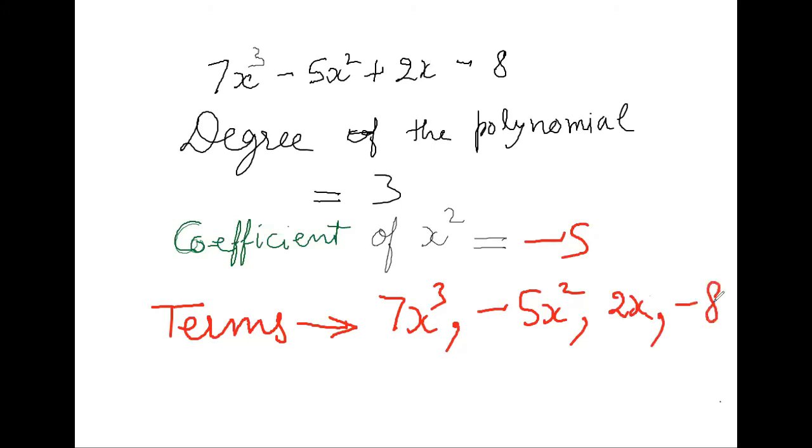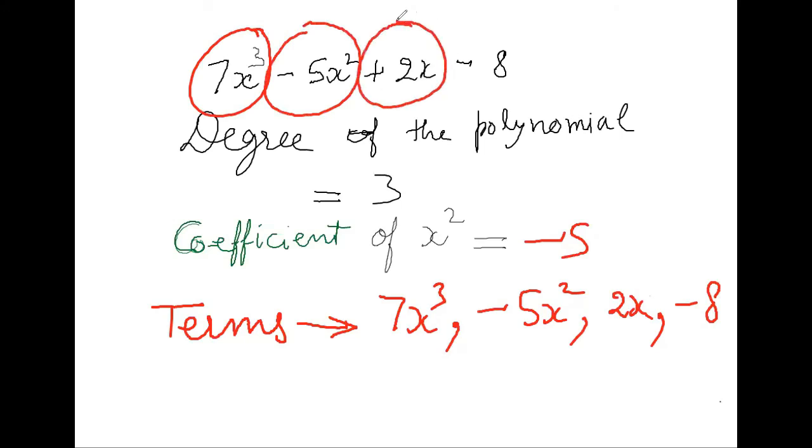These are called terms. There are 4 terms in this polynomial. Look at the screen: one term this, second term this, third term this, and one more term is there, and that is this.